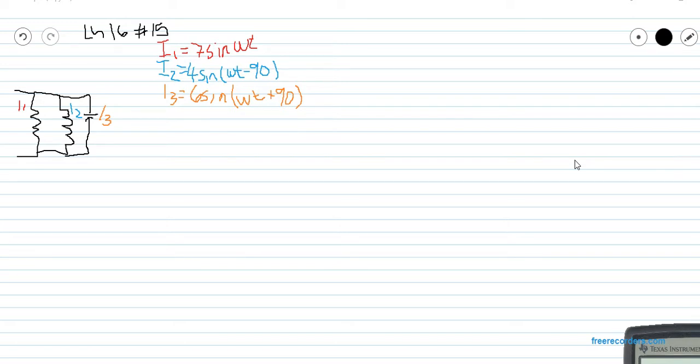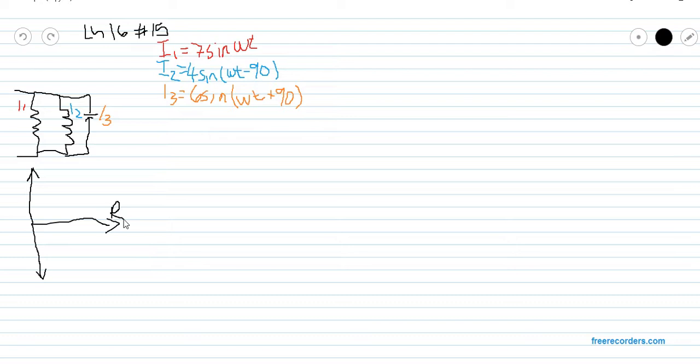The thing to remember about RLC circuits is that each one of these has a particular angle on a chart here, where this line here is your resistors, these are your capacitors, and these are your inductors.